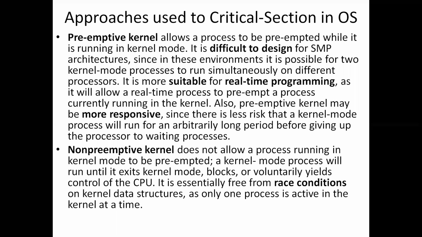Preemptive means once the process is allocated to the CPU, the process will be preempted if any higher priority process comes for execution by the processor. Non-preemptive is nothing but once the process is allocated to a CPU, the process will not leave the CPU until completion of its execution.